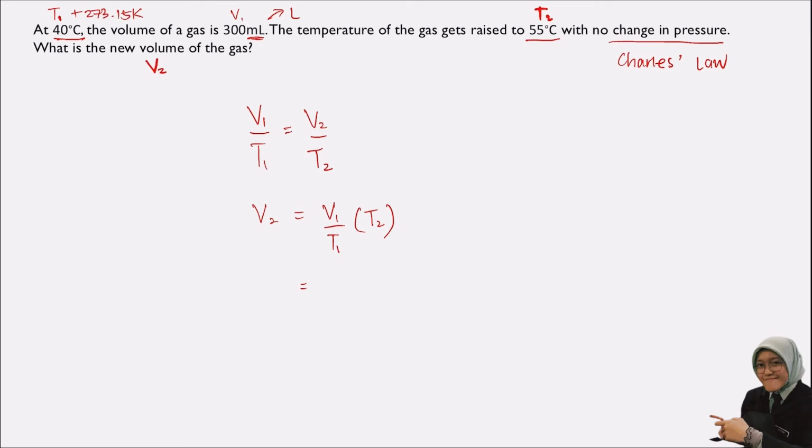So we substitute the value 0.30 liter over 313.15 times 328.15. So we will get in liter 0.314. We can also change the value to milliliter, which gives 314.0 milliliter. So that is the answer for the new volume of the gas.